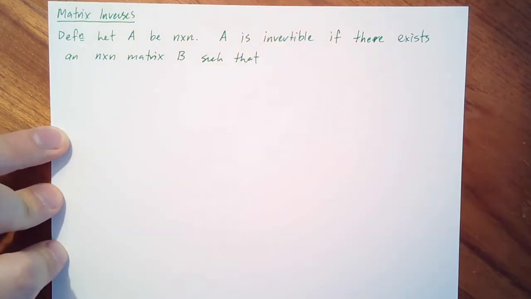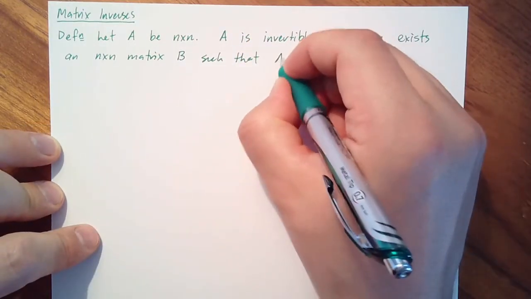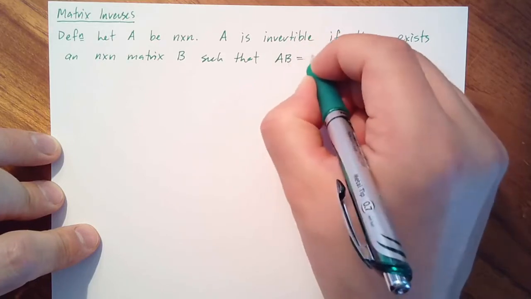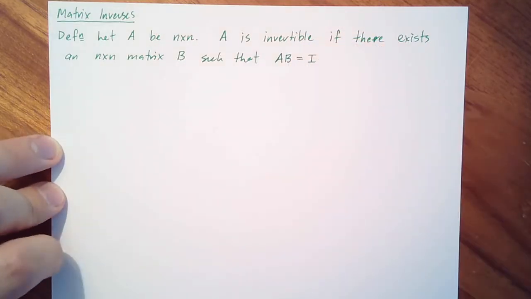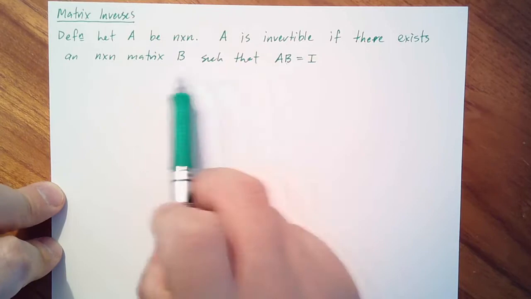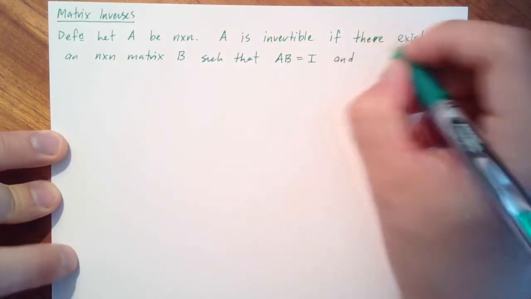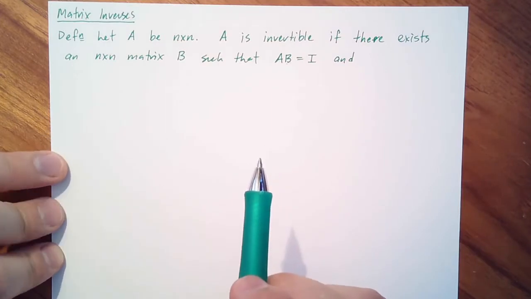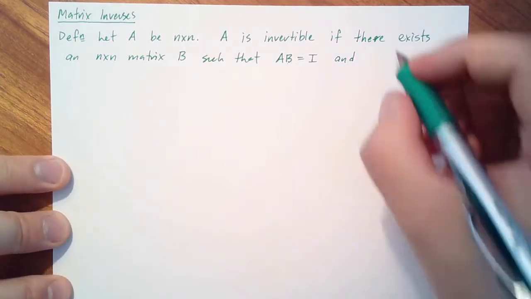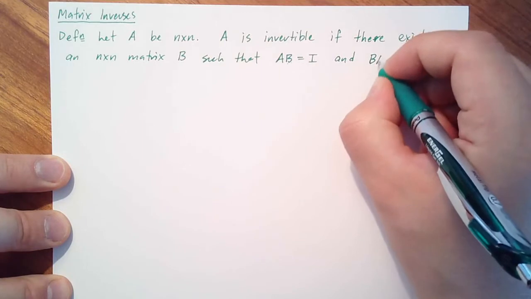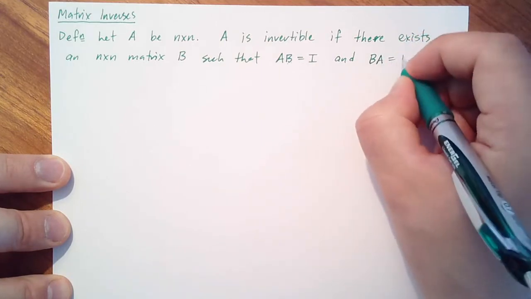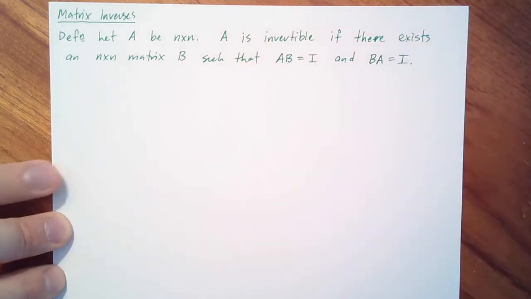So we have two equations that we're going to require to be true. If you multiply this matrix A on the right by this other matrix B, you get the identity. And if you perform the same product, but you have the factors trade places so that B is the factor on the left and then A is the factor on the right, you also get the identity matrix.